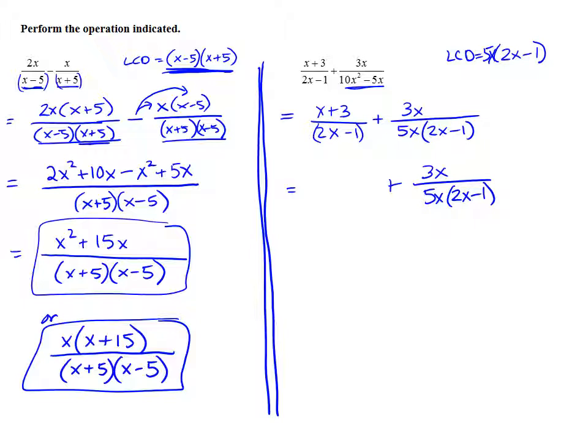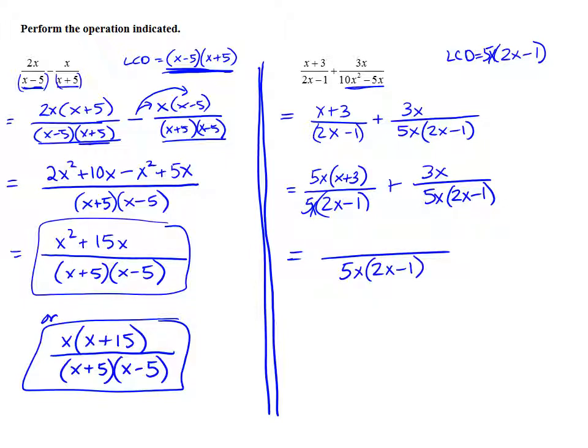My first fraction does need to be adjusted. I have 2x minus 1 that I have to multiply by 5x, and because I multiply the denominator by 5x, I must multiply the numerator by 5x. So again, if I adjust the denominator in my fraction to make it an LCD, I must adjust the numerator the same way. Now we have a common denominator, 5x times 2x minus 1.